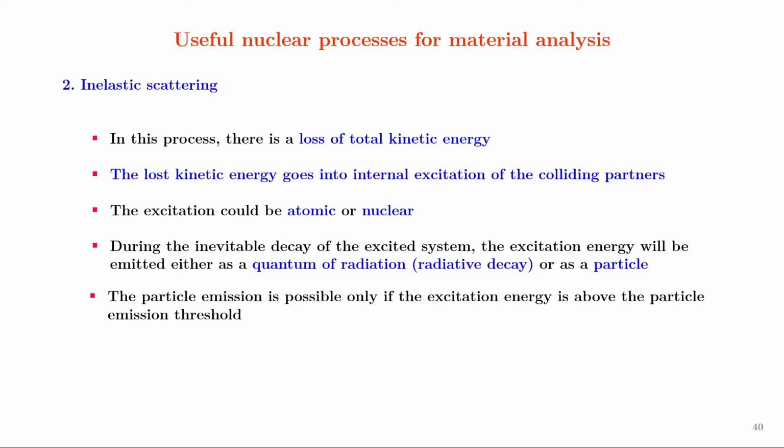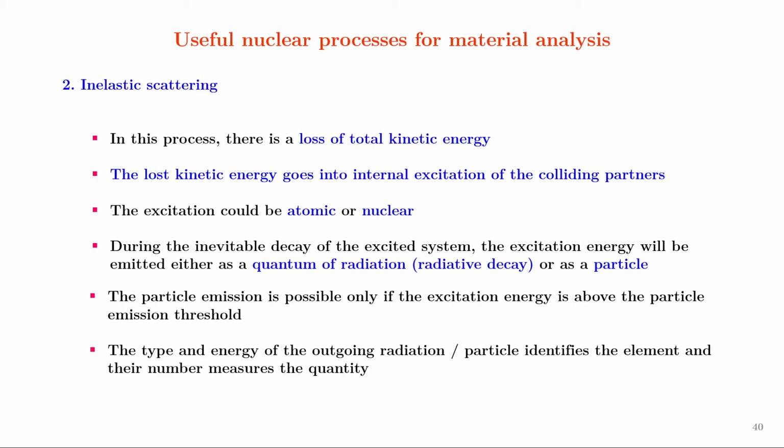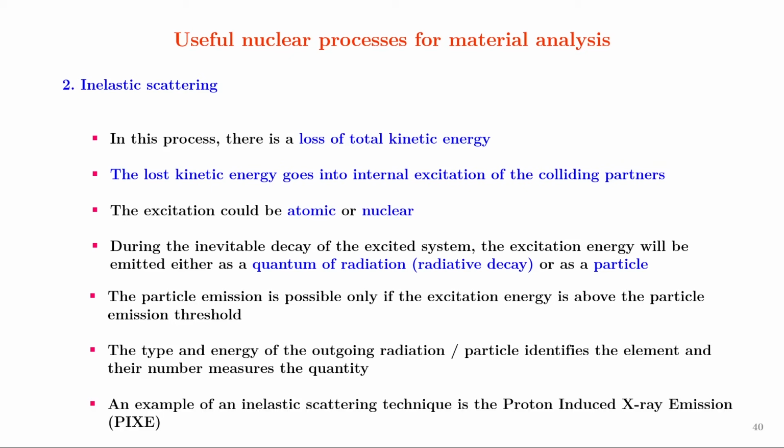The particle emission is possible only if the excitation energy is above the particle emission threshold. The type and energy of the outgoing radiation or particle identifies the element, and their number measures the quantity. An example of an inelastic scattering technique is proton-induced X-ray emission or PIXE.